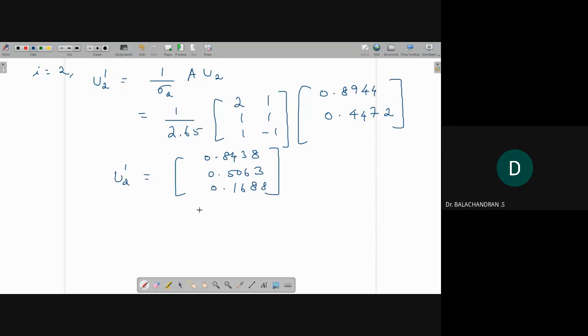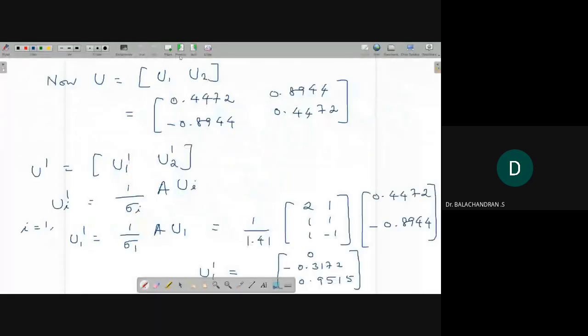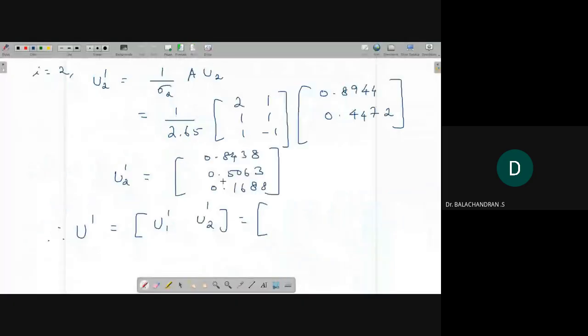Okay, so now U dash is equal to the row matrix U1 dash and U2 dash. What is U1 dash?